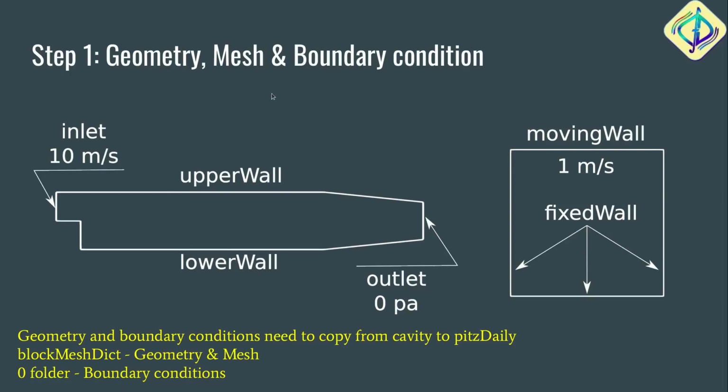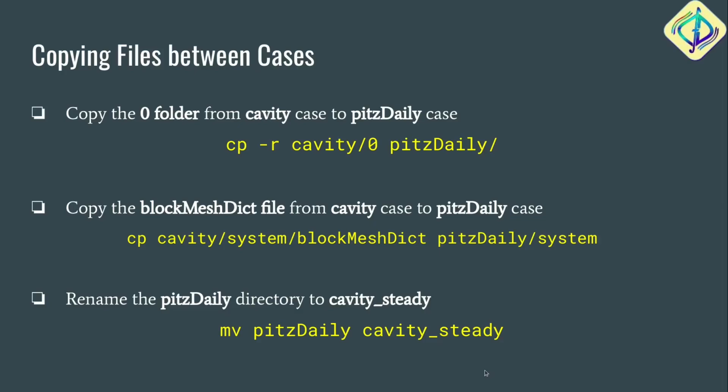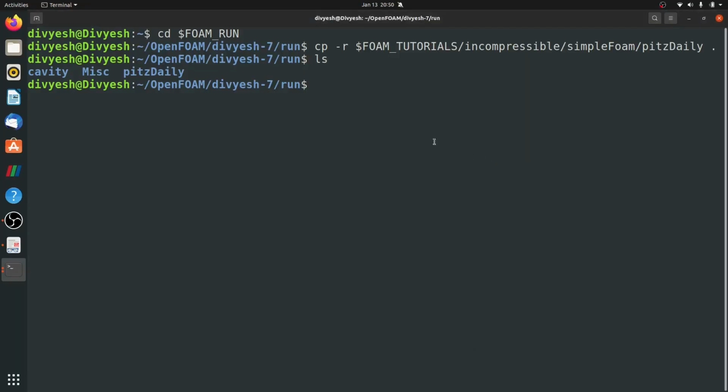So this boundary condition will be removed and replaced with this boundary condition. That's the first two steps that we will do, and we have a couple of commands to run. First we copy the zero folder to the Pitts-Daly case. So I'll go to the terminal.